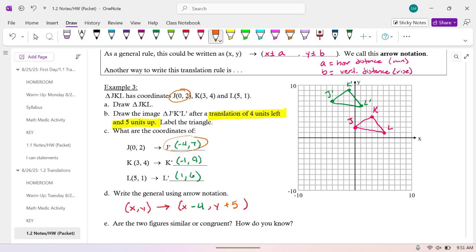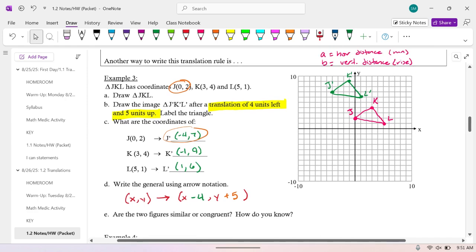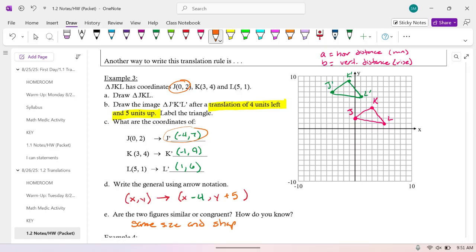Now, in y'all's opinion, are these similar or congruent? So put up 1 finger for similar, 2 for congruent. 1, 2, 3, go. Right, it's congruent. Why is it congruent and not similar? Right, they're the same size and shape, so they are congruent.